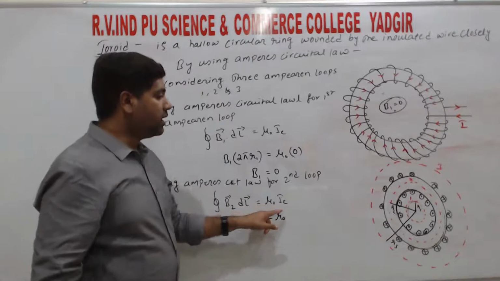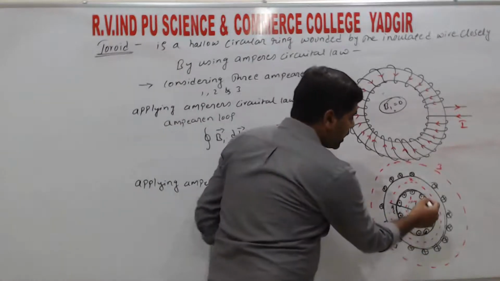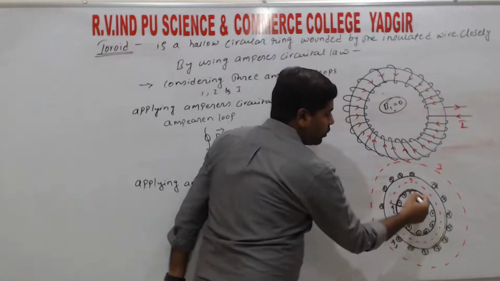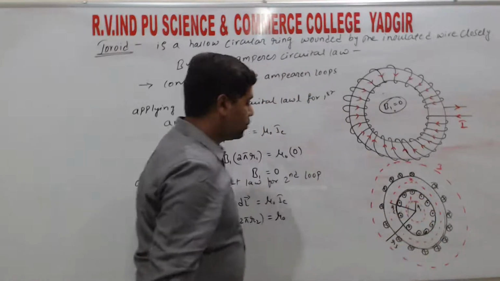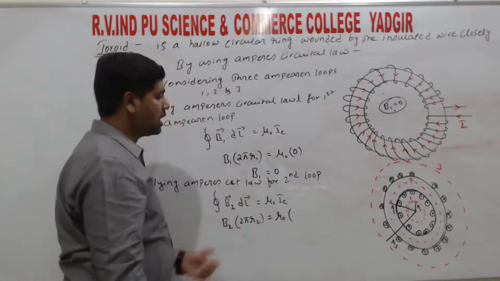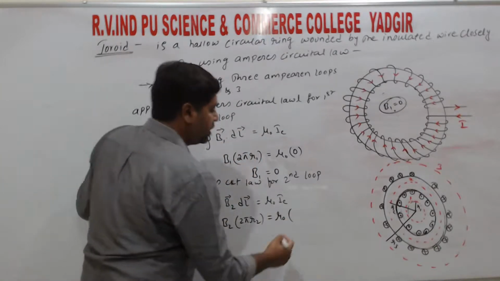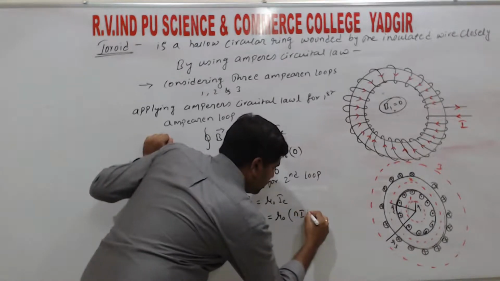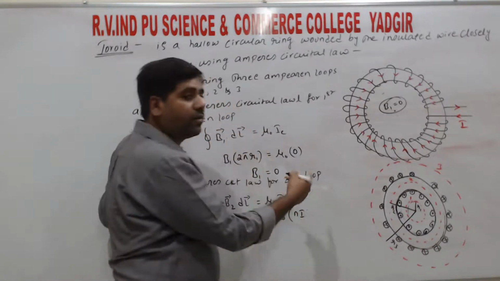I is the current which is flowing, so here current is flowing, right? So this represents the current which is flowing in the toroid. In the last solenoid also we took I equals nI, where we took the length.